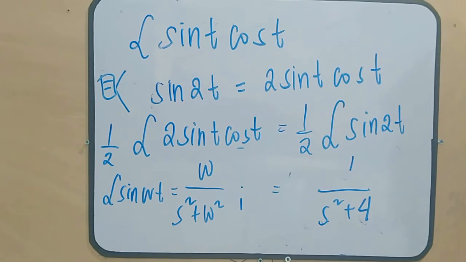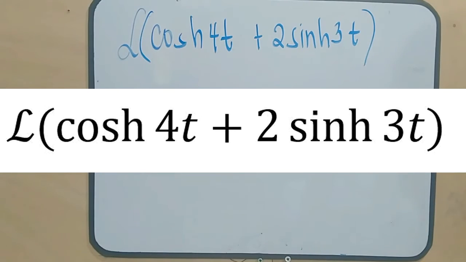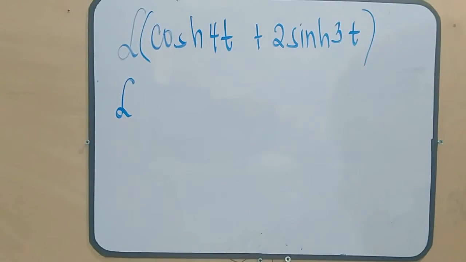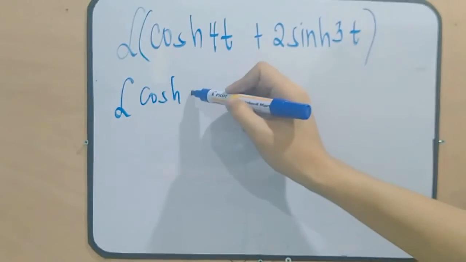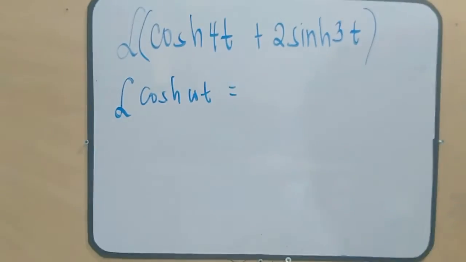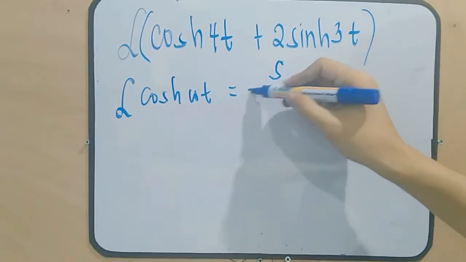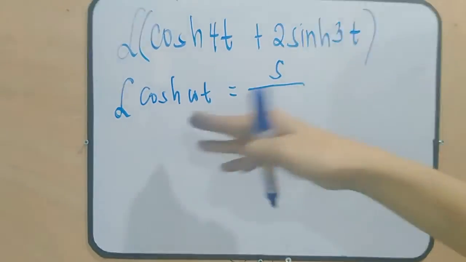For the next problem, we are doing hyperbolic. For hyperbolic, guys, the formula is almost the same. What's the difference? For hyperbolic, the denominator becomes minus. So for the Laplace transform of hyperbolic cosine wt, if it's cosine, of course, the top is s, but for the bottom, if it's not hyperbolic, it's plus; if hyperbolic, minus.